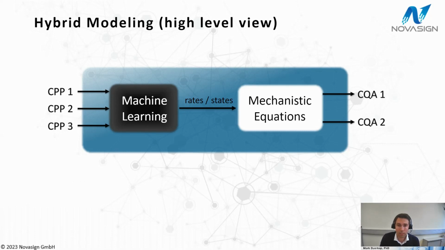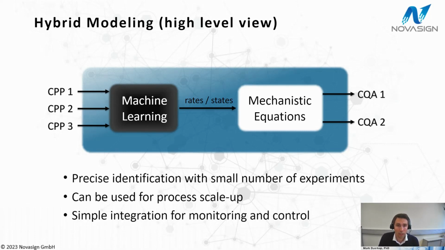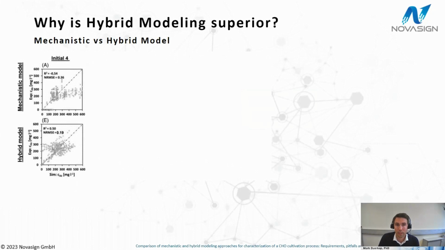By connecting these two worlds together, you get a very precise identification of your design space with a small number of experiments. You can use this knowledge for process scale up, and as said, due to the structure of the model, and this is what I will show you afterwards, you can take this type of model and integrate it directly for control purposes.